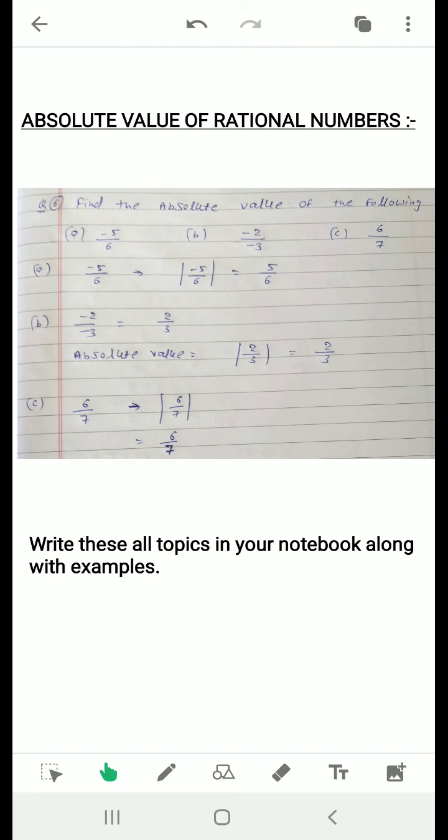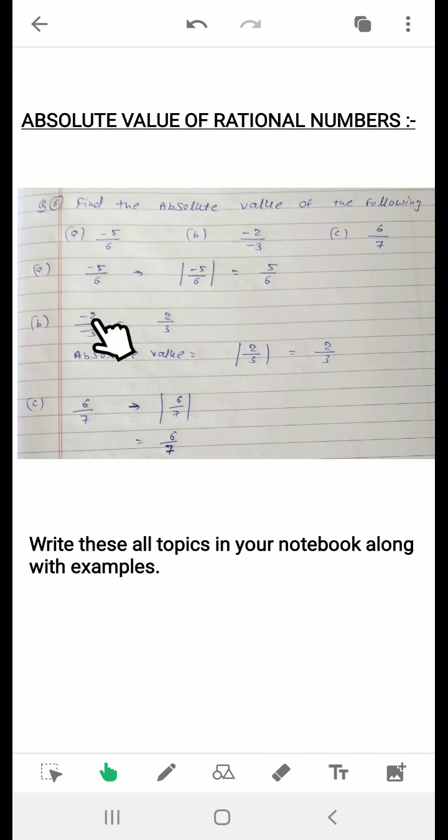Negative will be converted into positive, and positive will remain as it is. So the absolute value of rational numbers is similar to the absolute value of integers that I explained in the chapter of integers. So the absolute value of minus 5 upon 6 will be plus 5 upon 6.